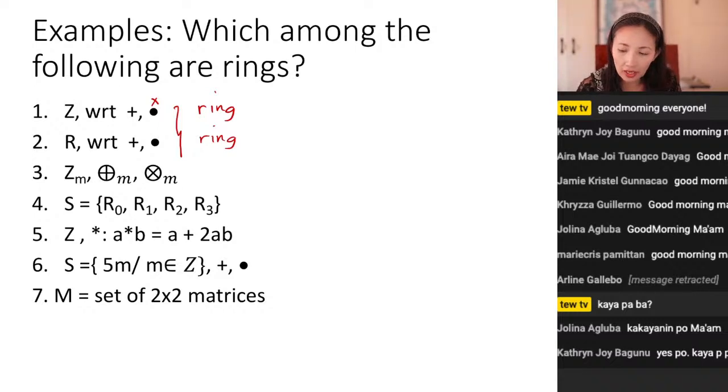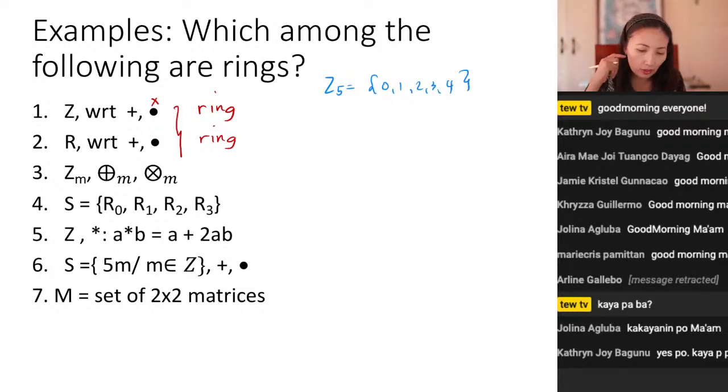If you forgot about left and right distributivity, then we can recall. Let's say Z sub 5, a specific case, although we can prove it in general. What are left and right distributivity? Your DPMA has two kinds: left and right distributivity.